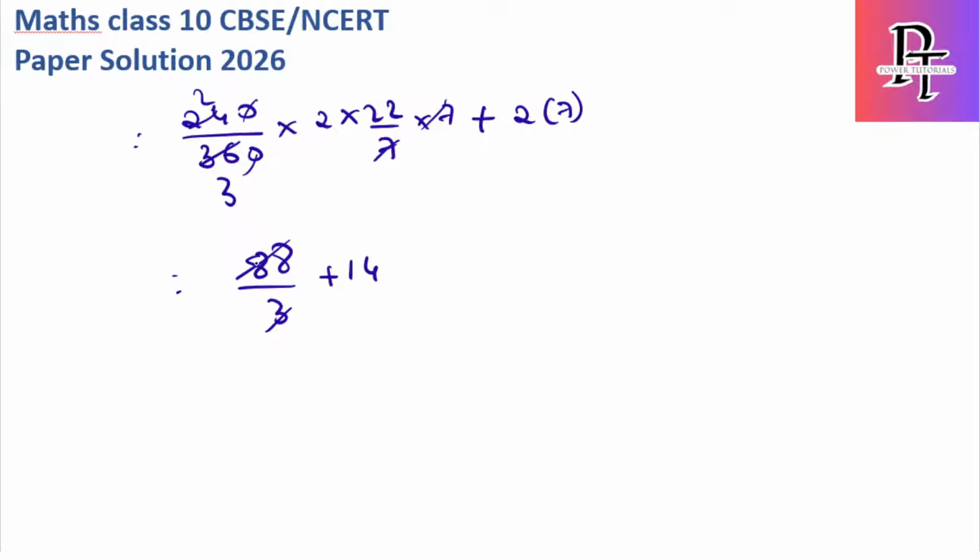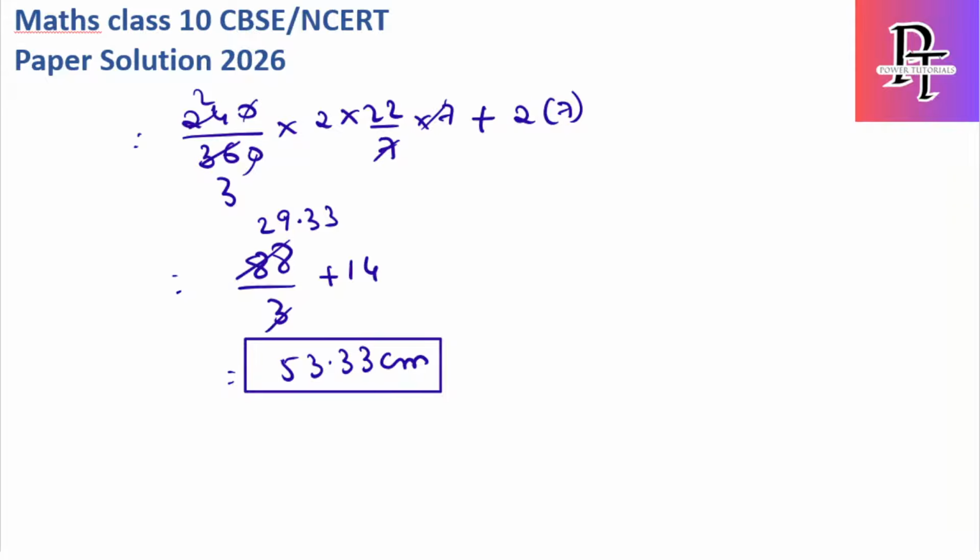If I divide by 3, I will get 29.33, so 14 plus 29.33 is 53.33 centimeters, the perimeter value.